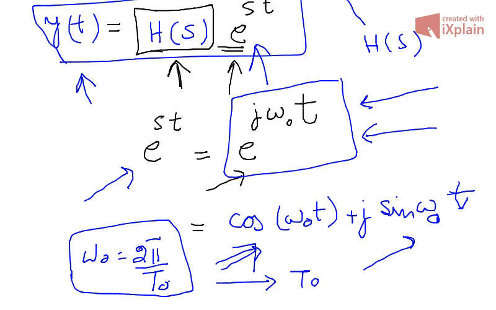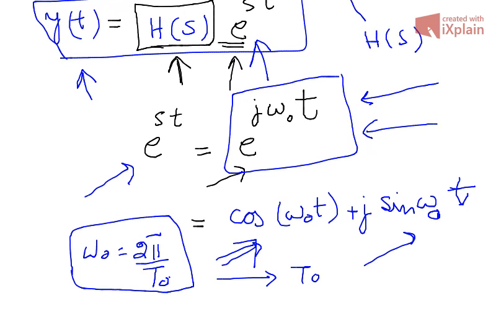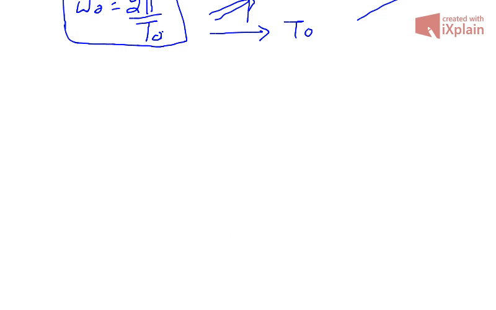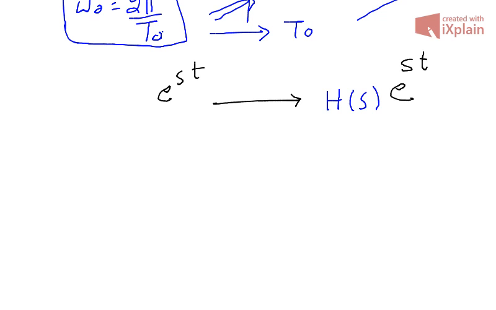So what we conclude, let me summarize this lecture: when the input to an LTI system is a complex exponential, the output of the system is the same complex exponential modified by h of s, a function which depends on the value of s.